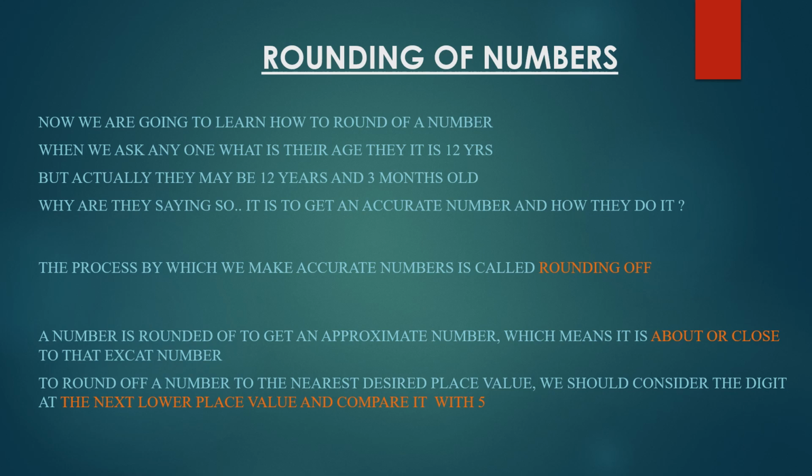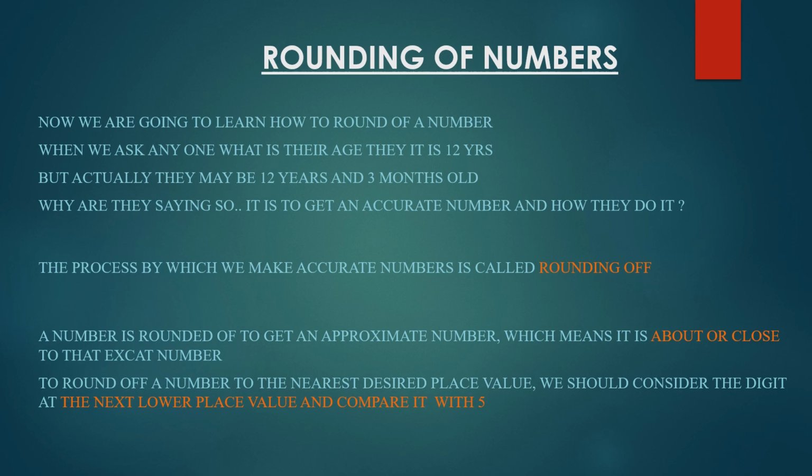To round off a number to the nearest desired place value, we should consider the digit at the next lower place value and compare it. This is the main important thing while we are rounding off numbers. To round off a number, first of all, we have to consider a desired place value. Which place should be rounded off?